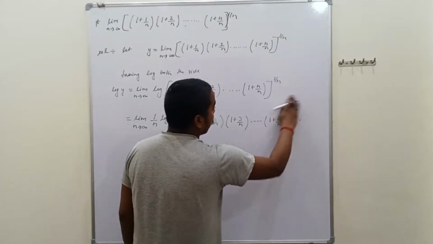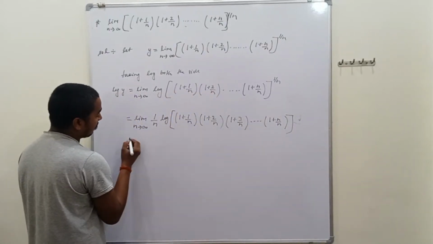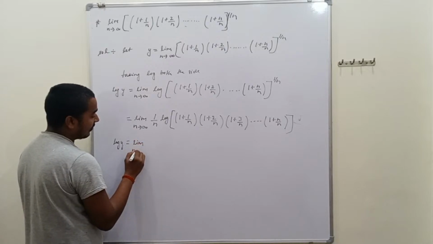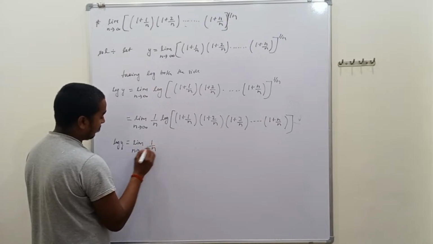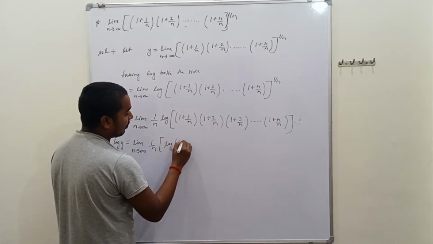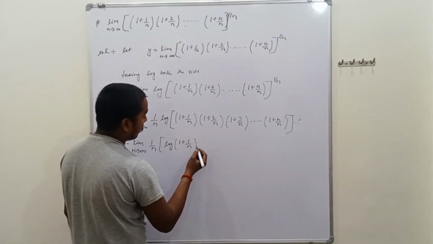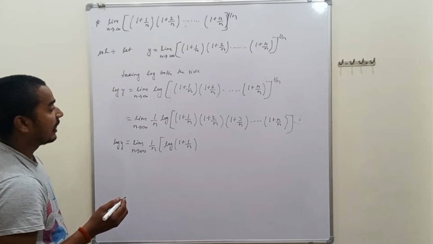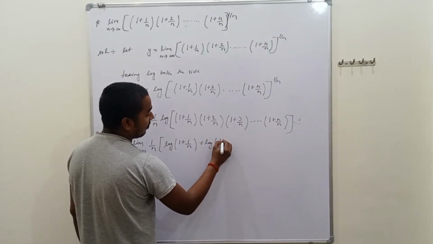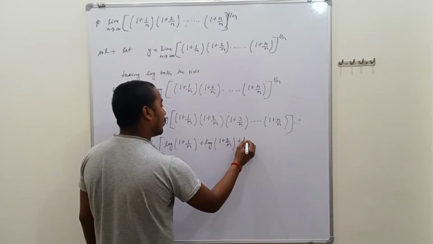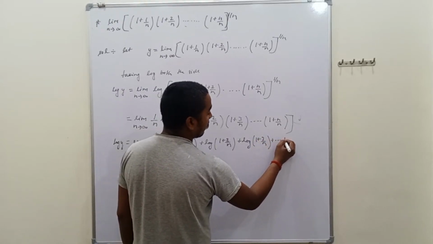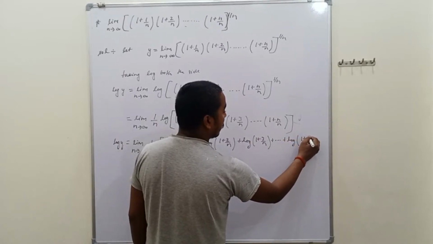First we have to write, multiplying each one with the log, that is log of y is equal to limit of n tends to infinity 1 by n, log of 1 plus 1 by n, and once again on multiplying, log m into n is log m plus log n, that is log of 1 plus 2 by n, plus log of 1 plus 3 by n, plus dot dot dot plus log of 1 plus n by n.